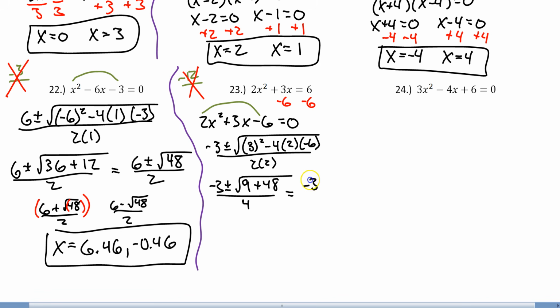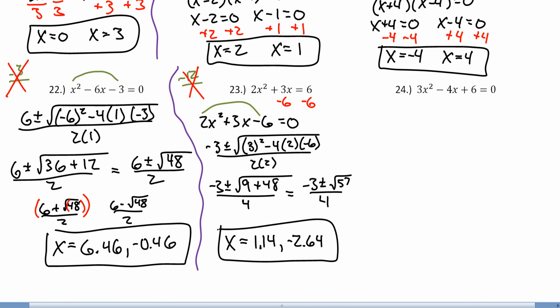And now that's negative 3 plus or minus the square root of 57 divided by 4. And now it's a job for my calculator. I type in the negative 3 plus the square root of 57 divided by 4. And that gives me a 1.14. I type in the negative 3 minus the square root of 57 divided by 4, and it gives me a negative 2.64. That's it.